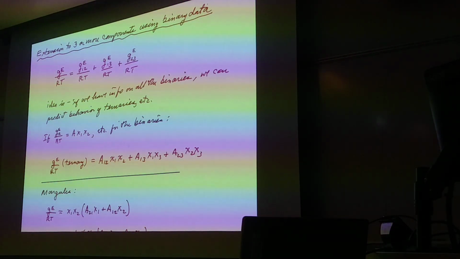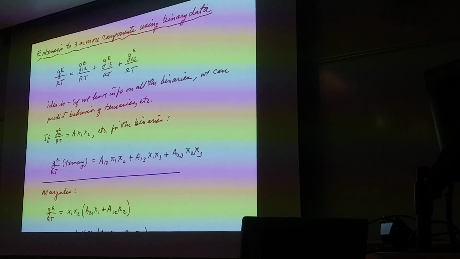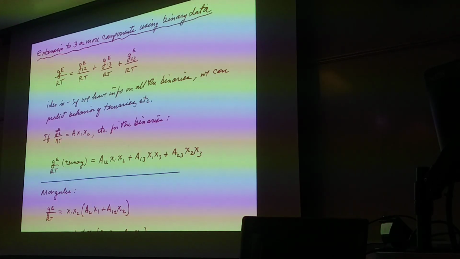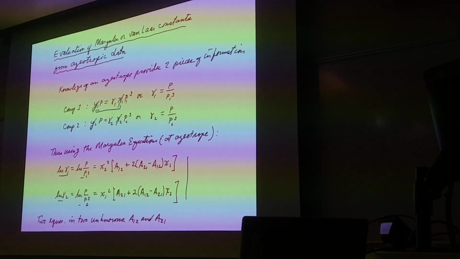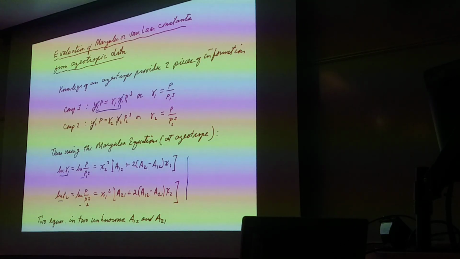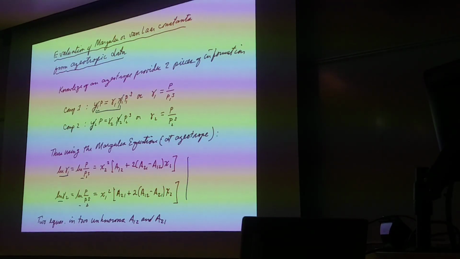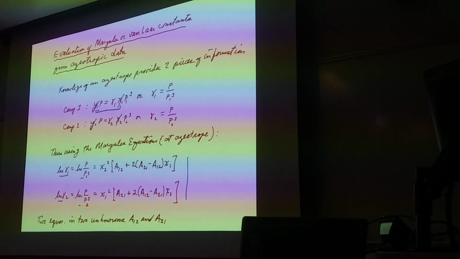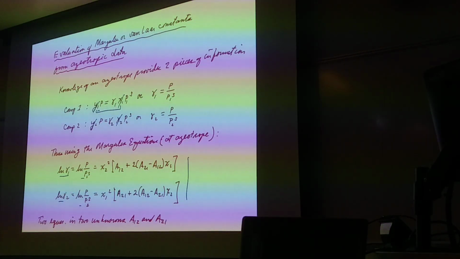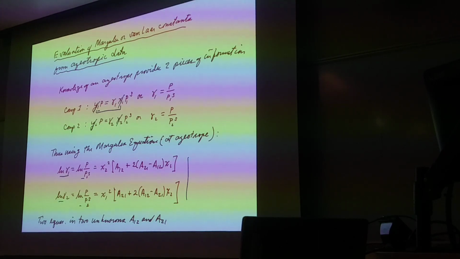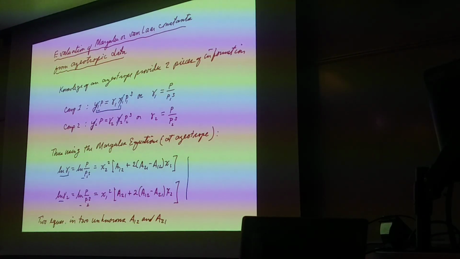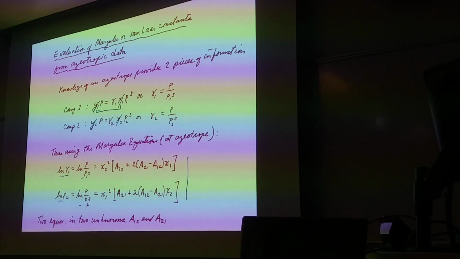Any discussion about this? Yeah, you bet. I had a quick question that's adjacent to this whole lecture. Now that we're using the modified Raoult's law with the gammas, is this considered a modified version of the Lewis-Randall rule?